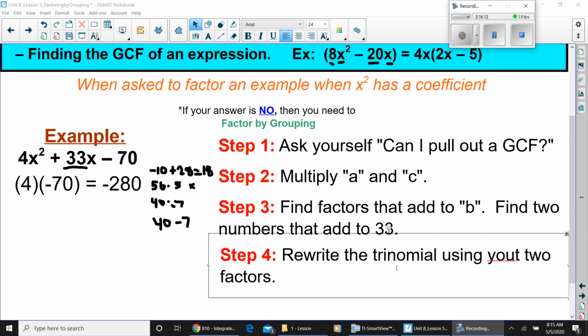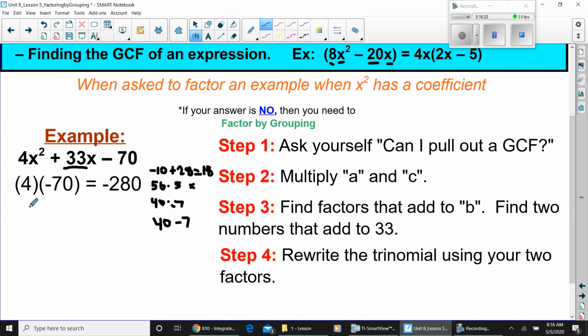So the next step is to rewrite the trinomial using your two factors. All right, and the way this is going to work is that these are the factors right here that you're looking at. So when you rewrite them, this is now going to be 4x squared plus 40x, using your factors.